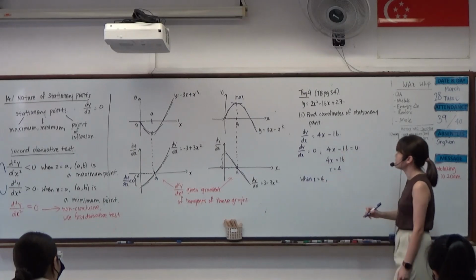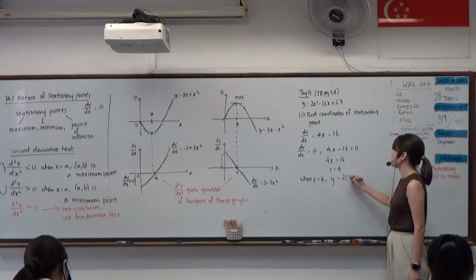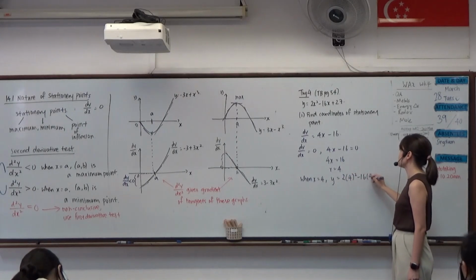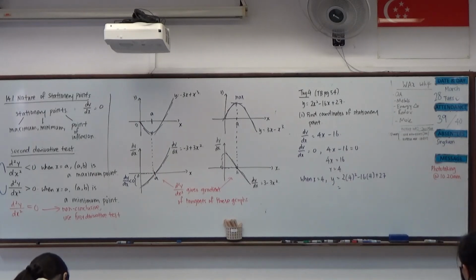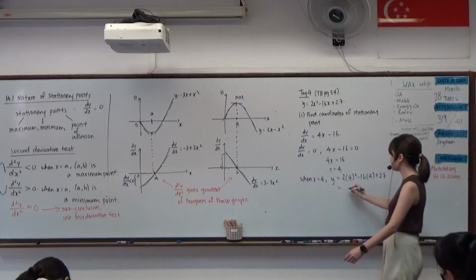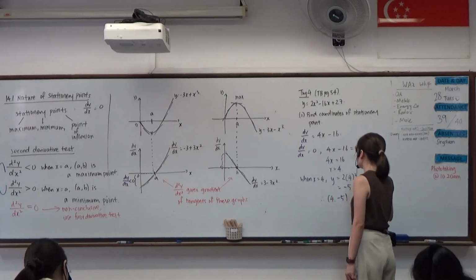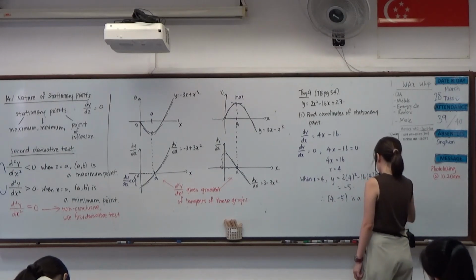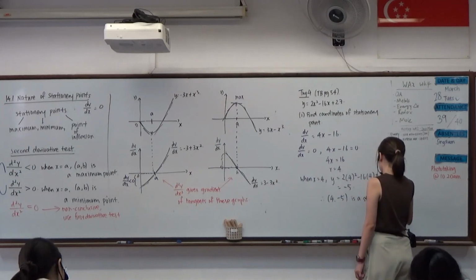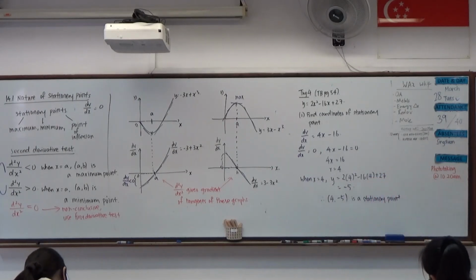Since you're trying to find the coordinates, we must find the y coordinate in this case, and that will land us with negative 5. So (4, negative 5) is the stationary point.